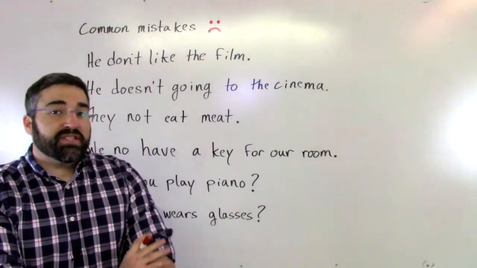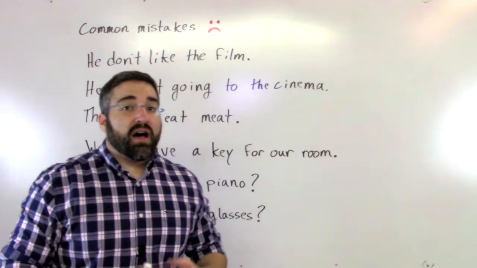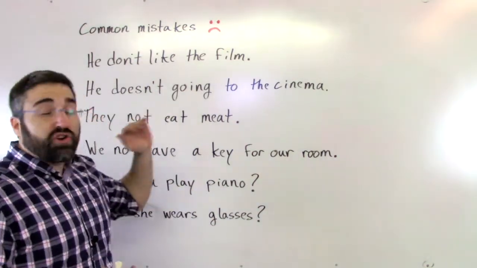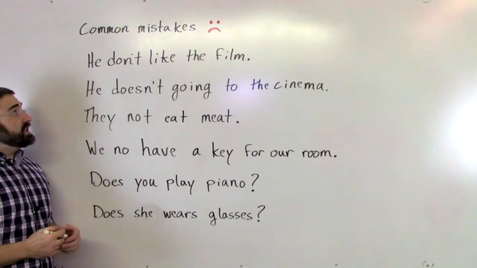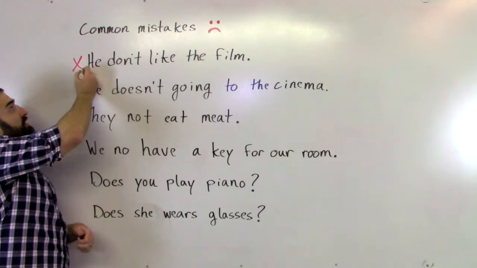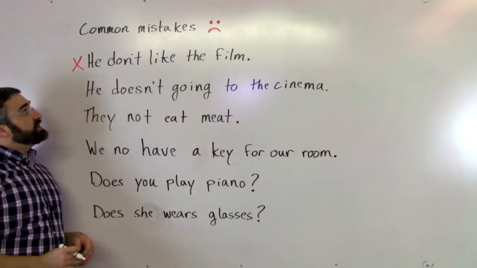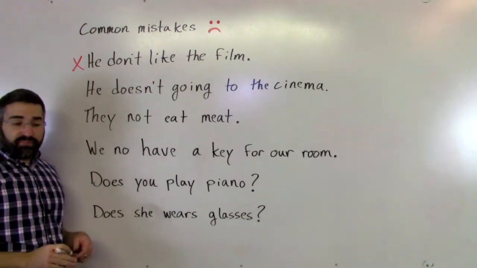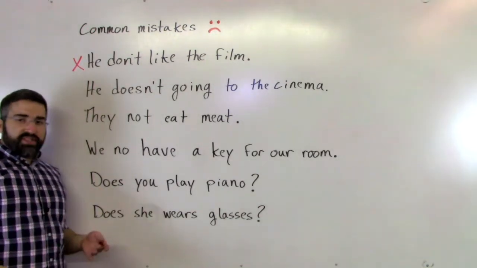All right, so let's look at some of those common mistakes. You can make many mistakes even at this level with this grammar. So let's take a look and correct some mistakes, okay? Let's look at each one, and each one has a mistake. We don't want to say this: "He don't like the film." Why don't we say "he don't"?